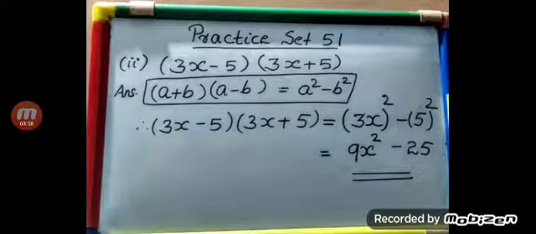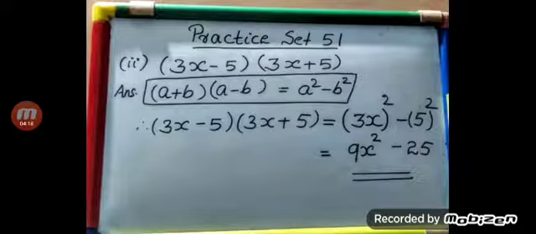So let's expand this. (3x minus 5) into (3x plus 5). This is in the a square minus b square form, that is (a plus b) into (a minus b) or (a minus b) into (a plus b). The first term is 3x.